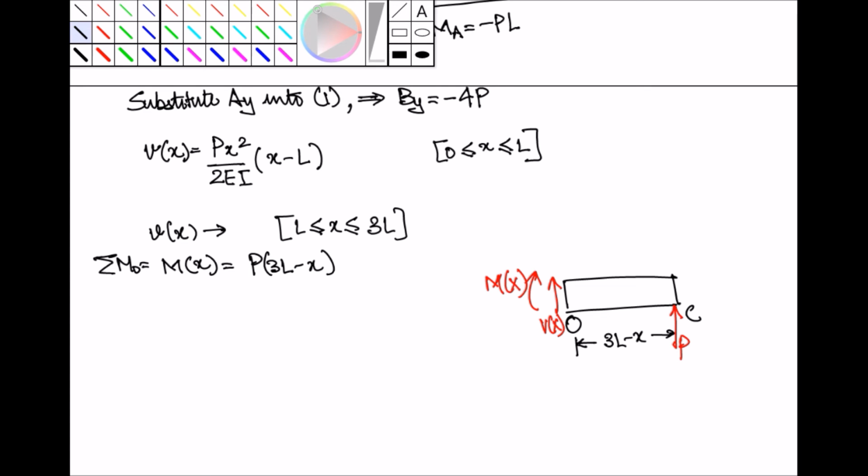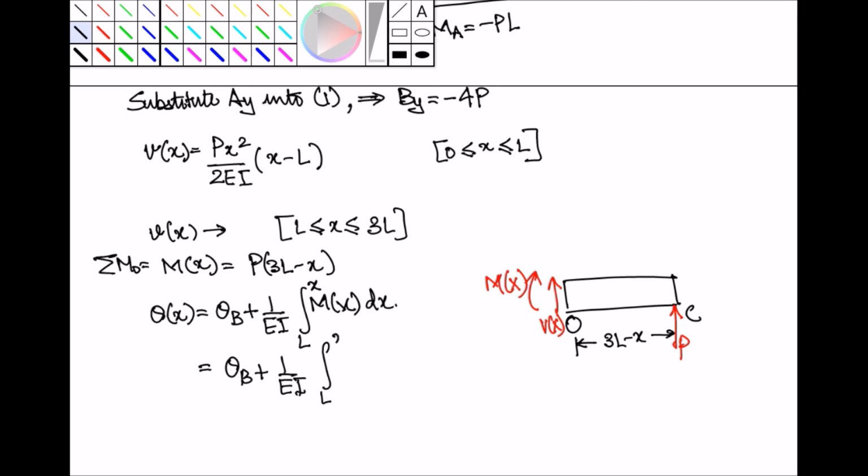Using a similar approach, we are going to have theta of x equal to the lower limit, that is theta B, plus 1 over EI, the integral going from L, because that's the lower limit, up to x of M of x dx, which becomes equal to theta B plus 1 over EI, the integral from L to x of P times (3L minus x) dx.